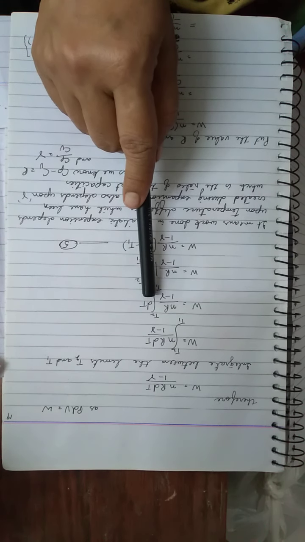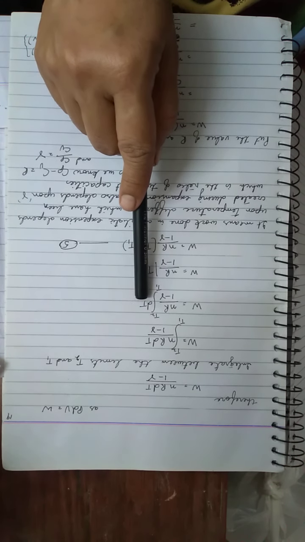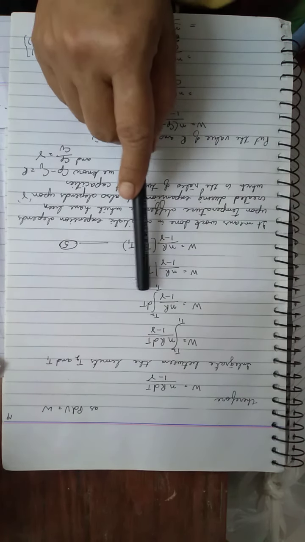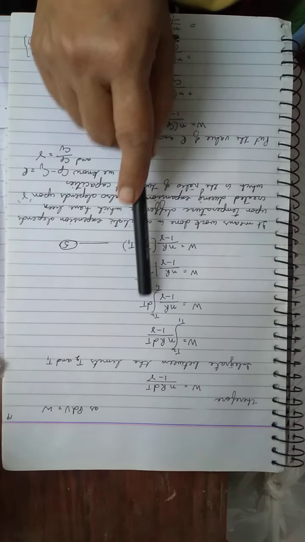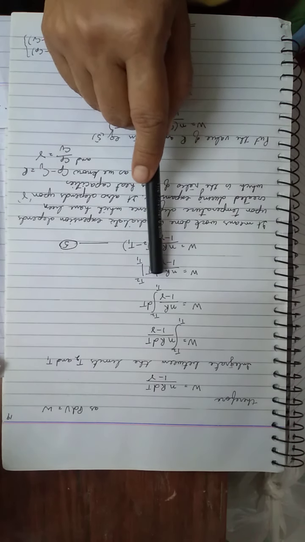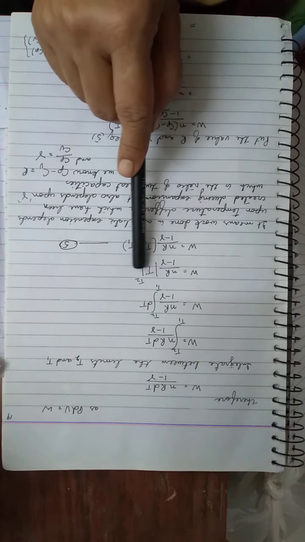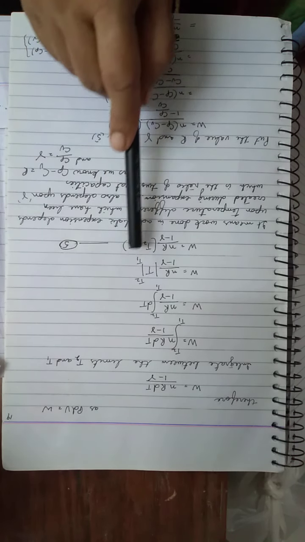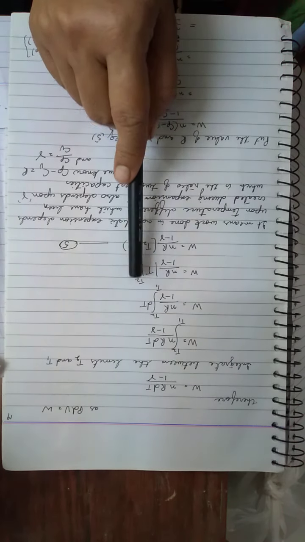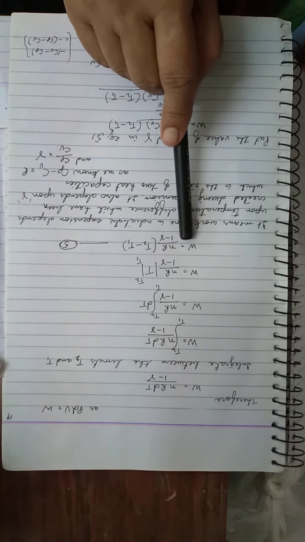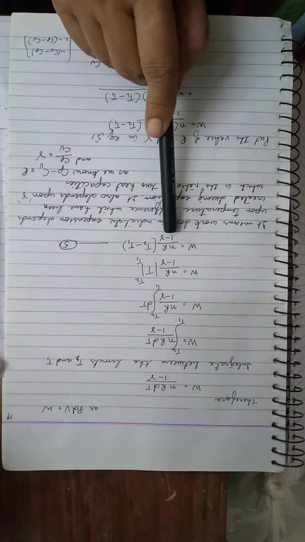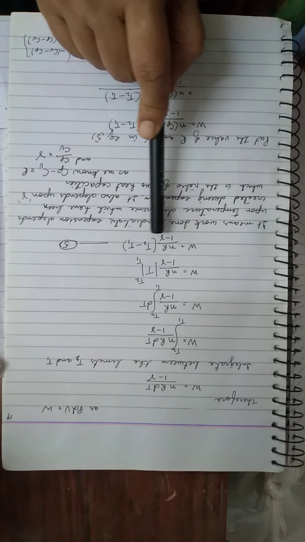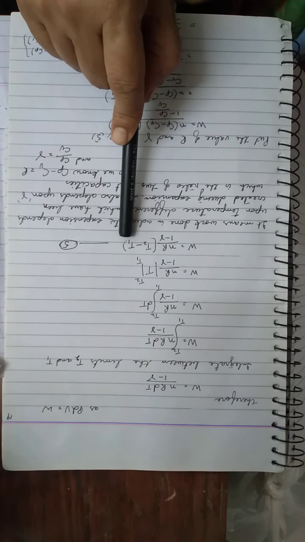As we know, the result of the integration of dT is T. So put T here within the sign of the limit, within the limits of T1 and T2. Solve this one. Put the value of T2 and T1. W is equal to nR divided by 1 minus gamma into T2 minus T1.